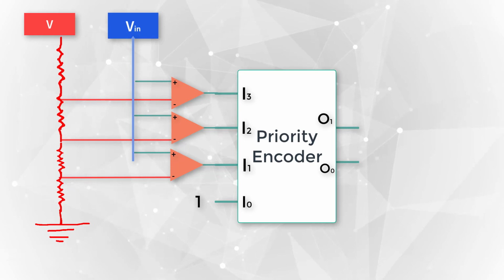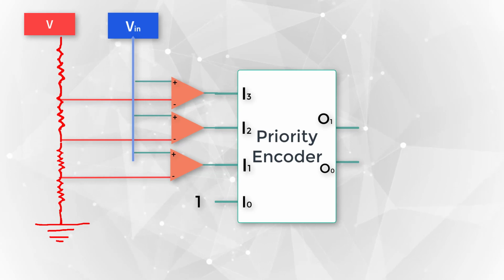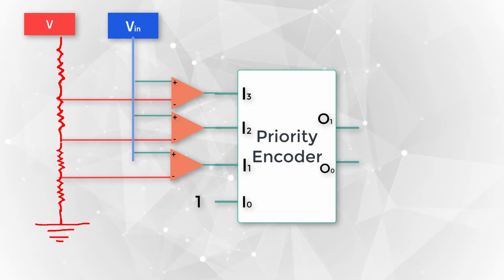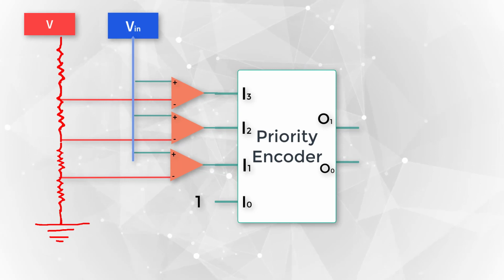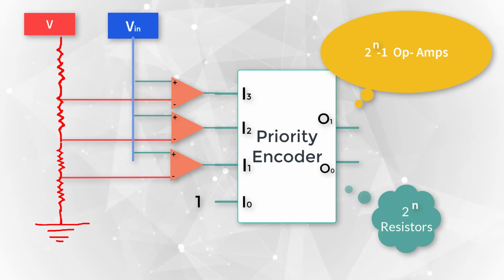Similarly, for a 3-bit analog to digital converter, we have 7 op-amps and 8 resistors. For a 4-bit analog to digital converter, we would have 15 op-amps and 16 resistors. And the number seems to grow rapidly with each increase in the bit, with the relation as 2 to the power n minus 1 op-amps and 2 to the power n resistors, where n is the number of bits in output.